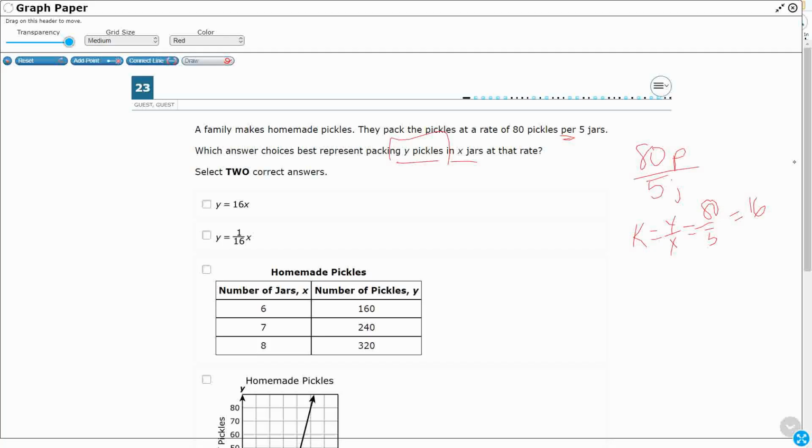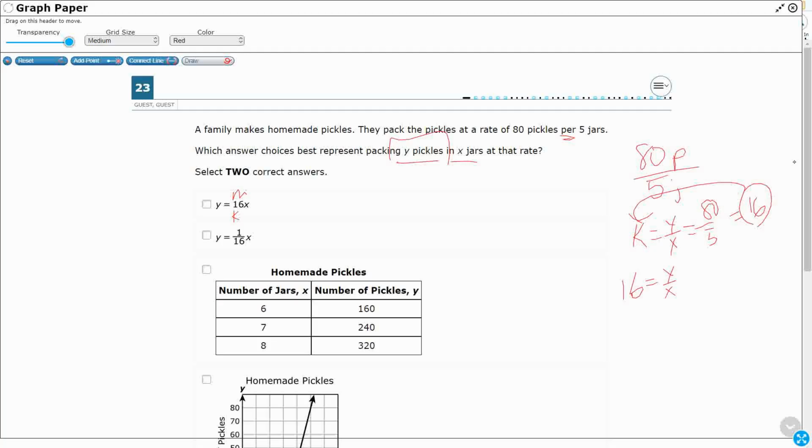So look at A. So y equals blank x. Well, that m is going to be, or this can be my k for direct variation. If we're looking at slope-intercept form, we would call that our m, right, our slope. But either way, that's looking at our constant rate of change. And if we were to separate this right here, right, we could do this. We could say that 16 equals y over x.